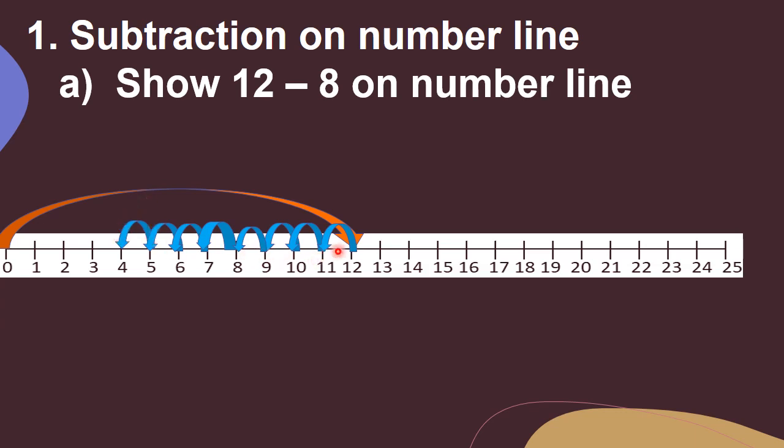So here we have taken 8 steps backward, and we reached the number 4. So 12 minus 8 is equal to 4.